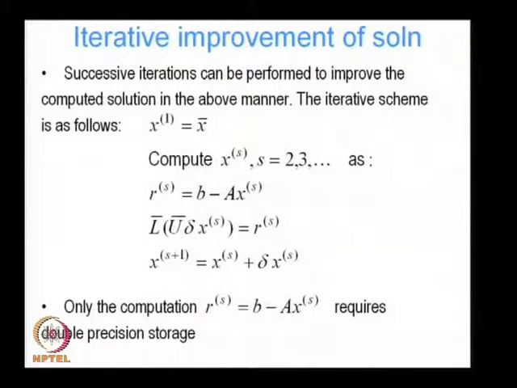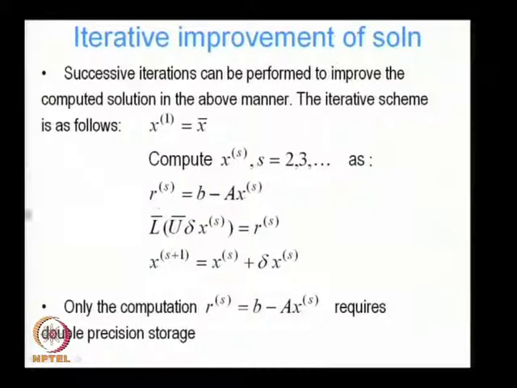So, this process can be carried over for a number of iterations. We can perform successive iterations in this manner to improve the computed solution. How do we do this? The scheme is as follows. In the first iteration we set x1 equal to the computed solution from Gaussian elimination. Then for subsequent iterations, x_s, where s goes from 2, 3 to as many iterations as we want, we compute R_s is equal to B minus A x_s.